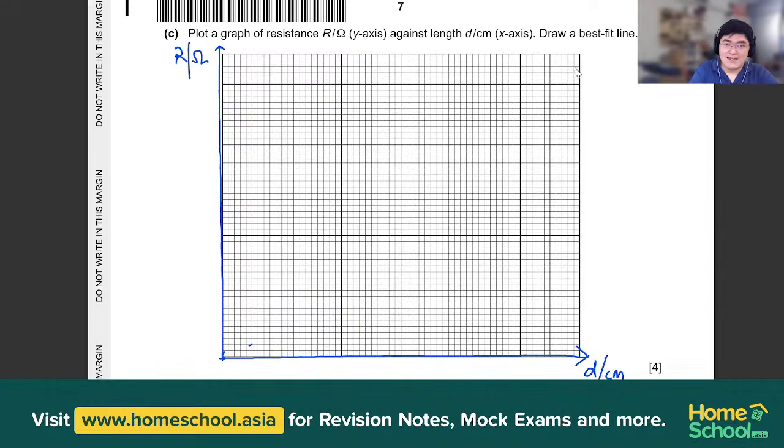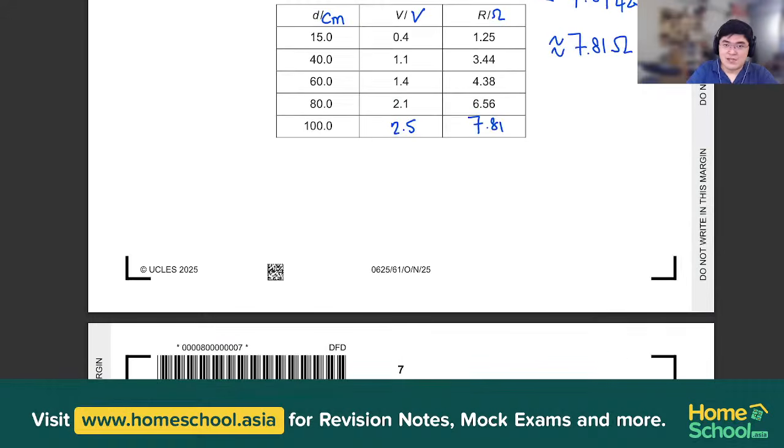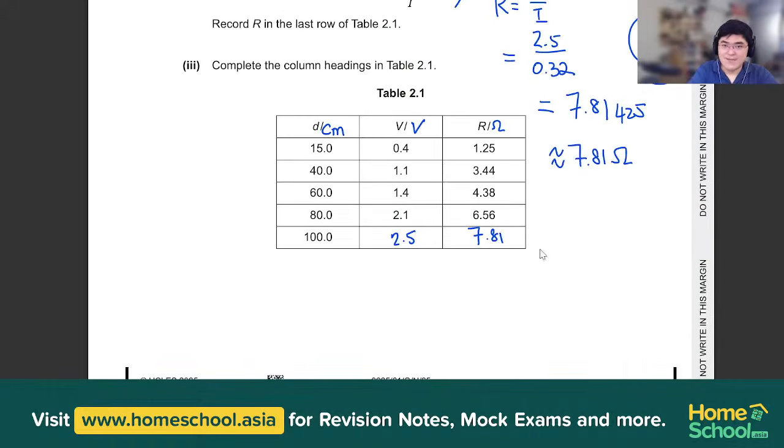Okay, we are to draw the best fit line, and we are to plot all the numbers up here. So first things first, let's take a look at D. These are the values we need. We have 15, 40, 60, 80, and 100. So the range of D is from, let's say, 15 to 100.